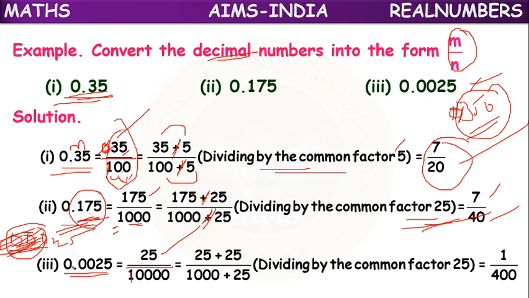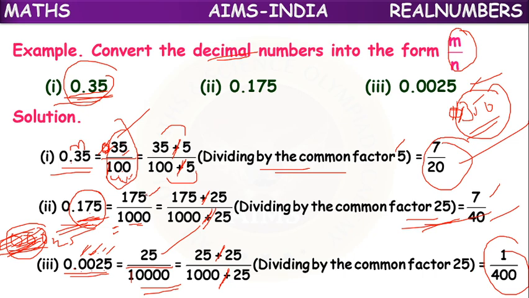But here, after the point, how many places are there means these zeros also we have to consider. 1, 2, 3, 4. 4 places are there. So we have to divide 25 by 10,000. Common factor 25, we can divide. So 1 by 400. In this way, we can convert a terminating decimal into a rational number.